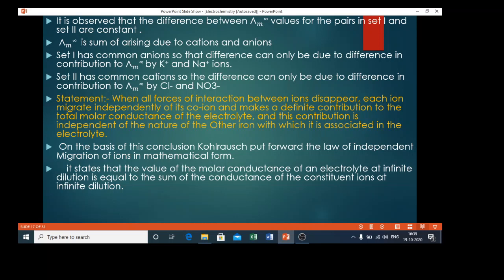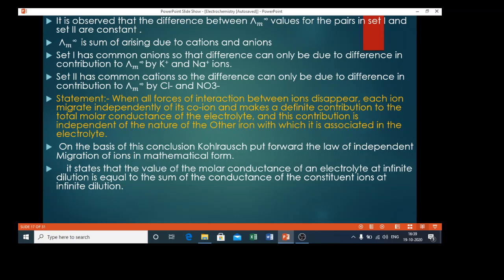When all the forces of interaction between the ions disappear, each ion migrates independently of its co-ion and makes a definite contribution to the total molar conductance of the electrolyte.